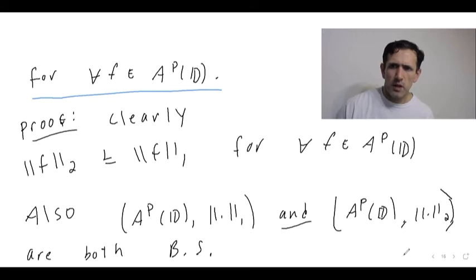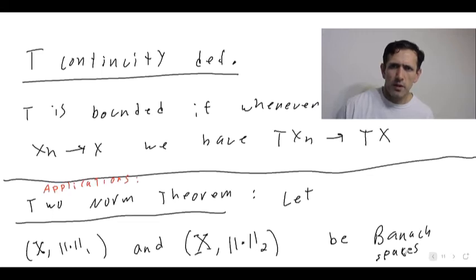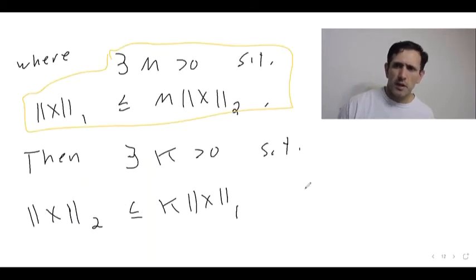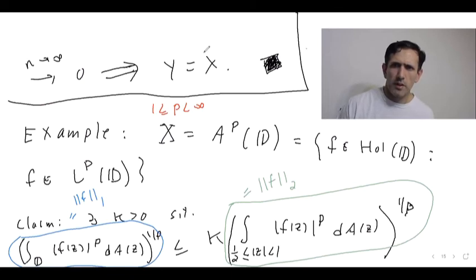Right, so we're done. What does the 2 norm theorem say? It says, let's say we have the same X with 2 different norms that make X a Banach space.